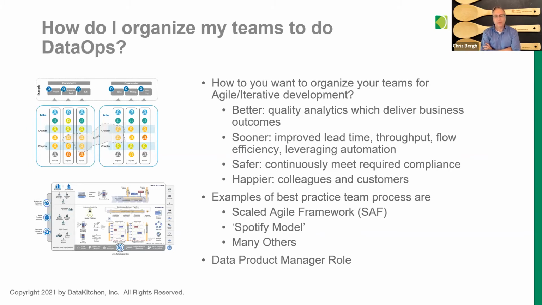There's the Scaled Agile Framework, SAFe. There's the Spotify model of tribes and chapters and guilds. And there's a role that's become somewhat popular and still new, the data product owner or product manager, who acts as an interface between what the customer needs and what your team can do. So there are different organizational models.